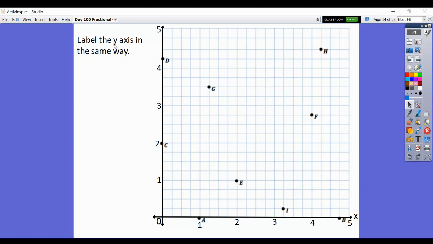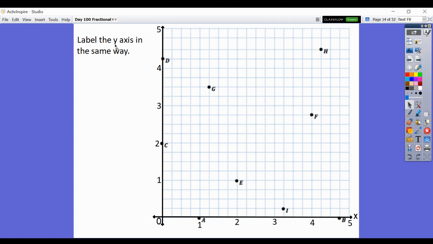If you look at the letter y, if you take the tail off, what do you have left? A V. What does vertical start with? V. So just remember, the y-axis is your vertical axis, and the x-axis is the horizontal axis.